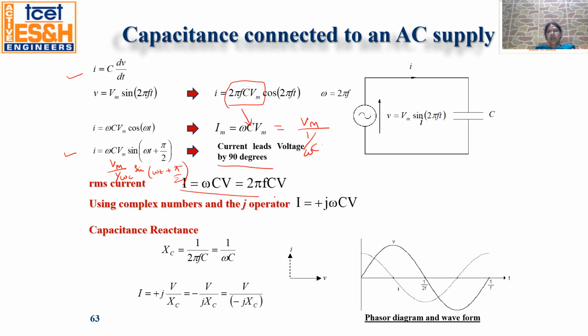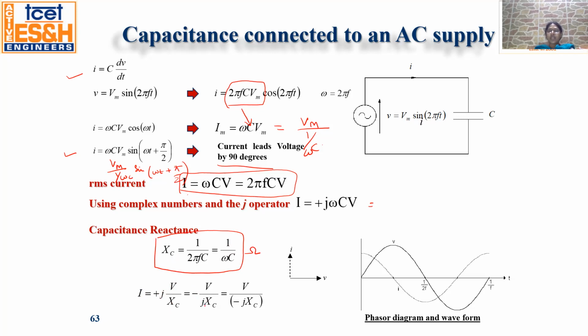Now see, this is the I. And when you are using complex numbers, I is equal to having this value. Xc is 1 upon 2 pi fC or 1 by omega C in ohm. I is also represented as V by Xc plus j.